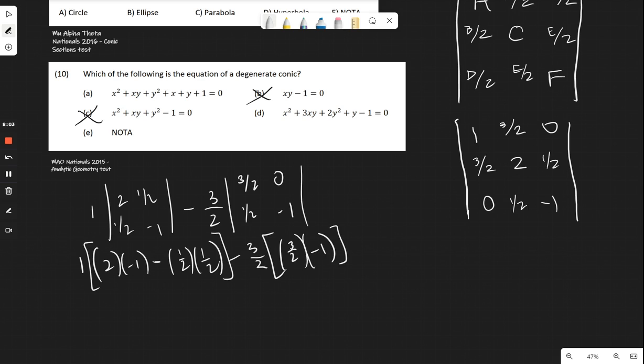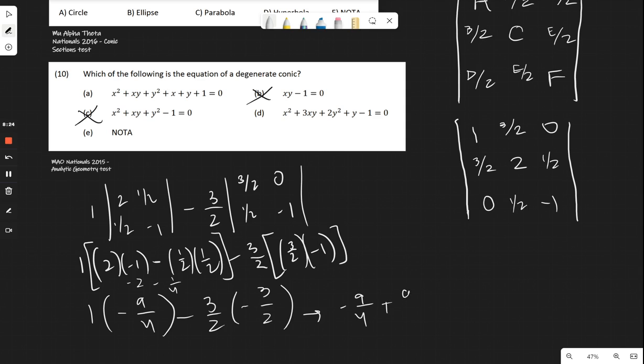Okay, that's really nice. So this ends up being 1 times -2 minus 1/4. So that's -9/4 minus 3 halves times -3 halves. So this becomes -9/4 plus 9/4, which is 0.